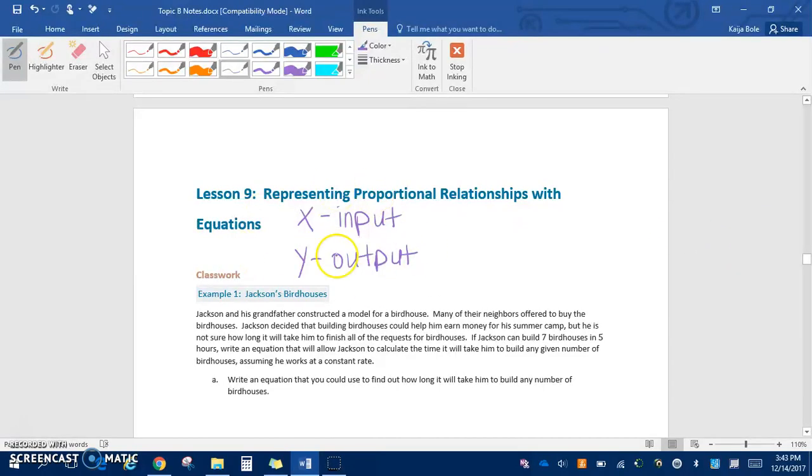So I want you to make sure you have written down that x is input and y is output. But now also x is what we call the independent variable. And y is what we call the dependent variable.